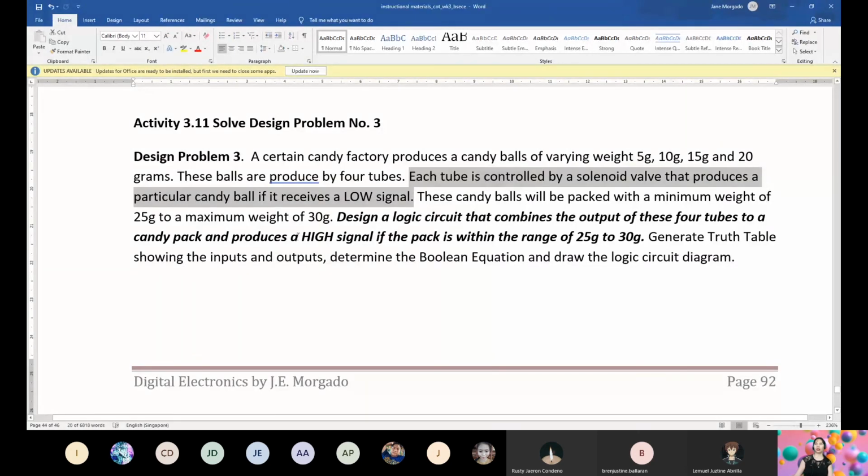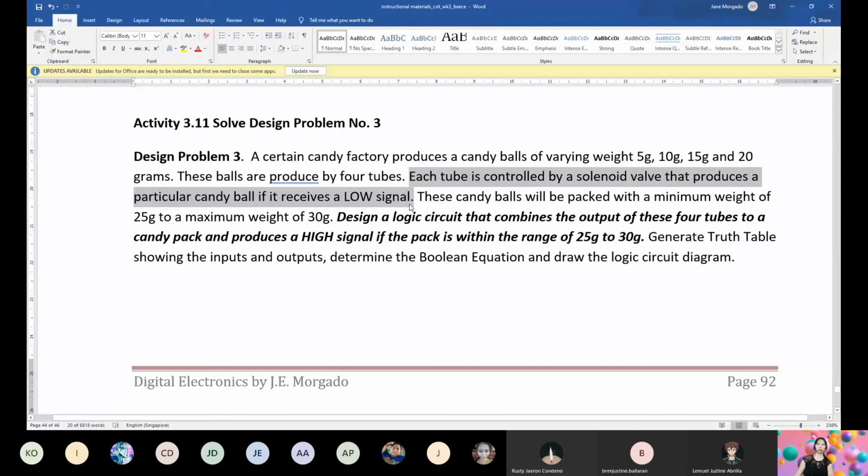So, meron kang output if it receives a low signal. Tama ba? Padadaanin niya yung candy balls. Magre-release siya if it receives a low signal. When you say low, that is logic 0.